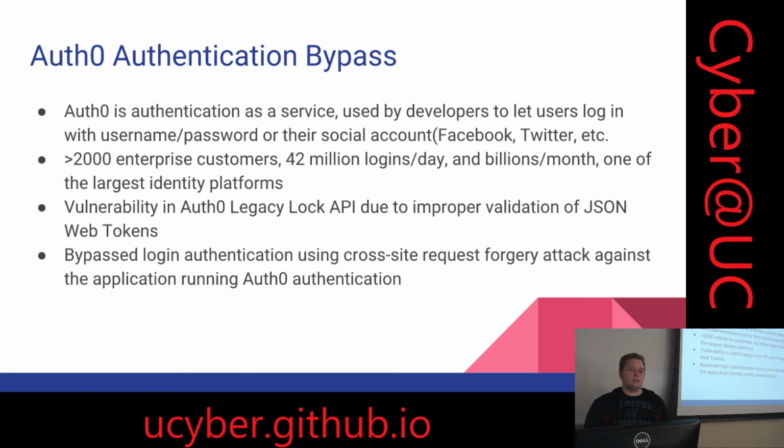I didn't get a chance to look into where that's used or how popular it was, but anything these guys use is probably going to be pretty popular just from their sheer amount of traffic. They were not properly validating their JSON web tokens, and it allowed some sort of malicious actor to bypass the login authentication system because of a cross-site request forgery attack.